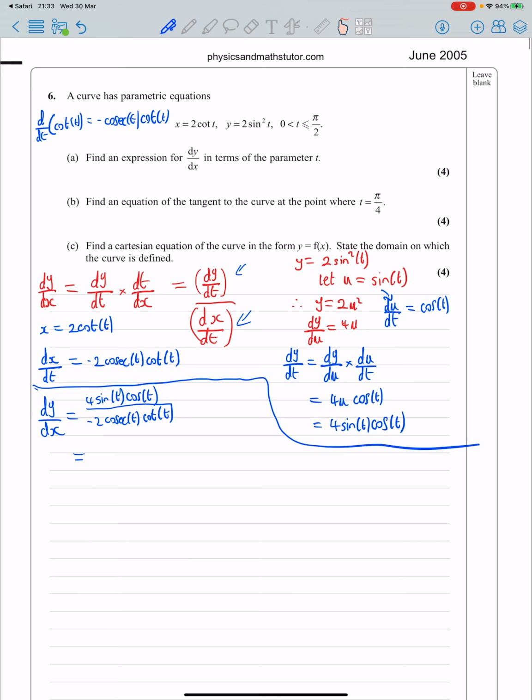So we've got the 4 divided by minus 2, which is minus 2.